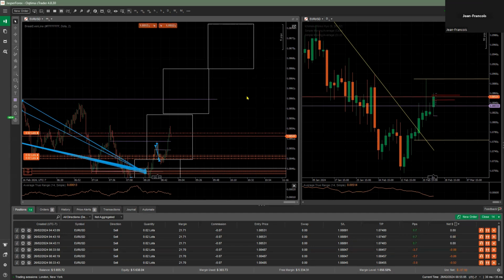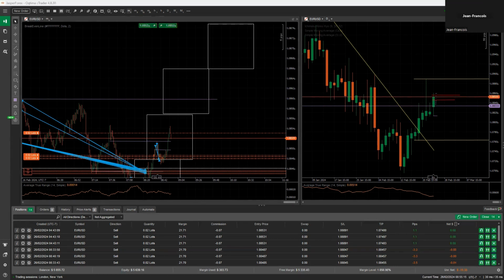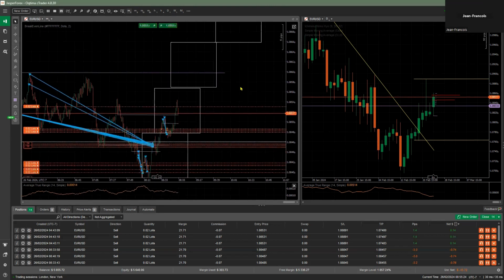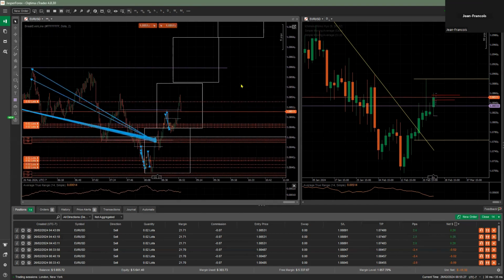At 11 a.m. Eastern Time, we expect comments from ECB's President Lagarde, who participates in a plenary debate on the ECB Annual Report 2022 in Strasbourg, France. A few more minutes.